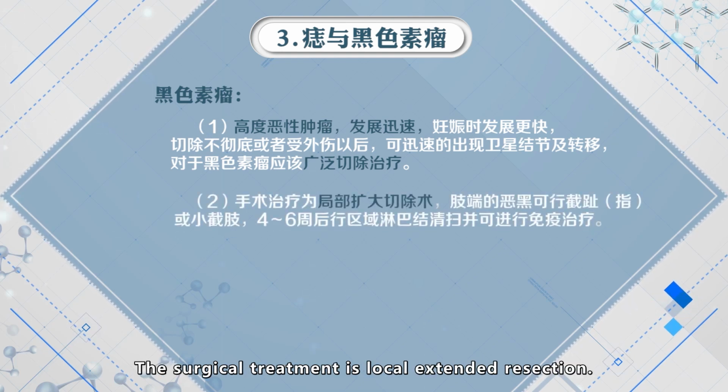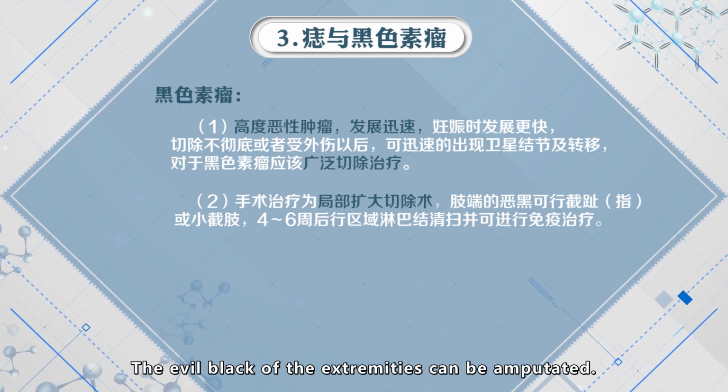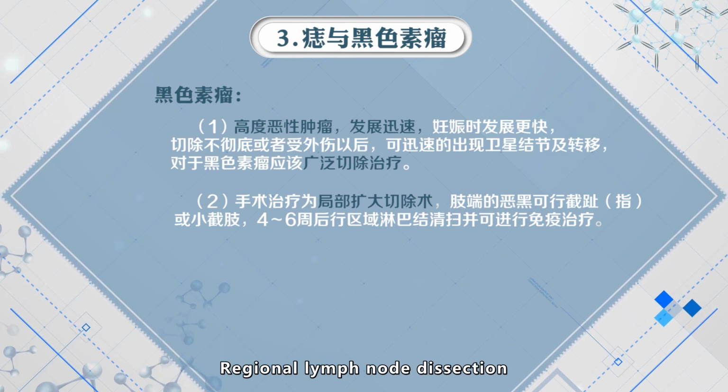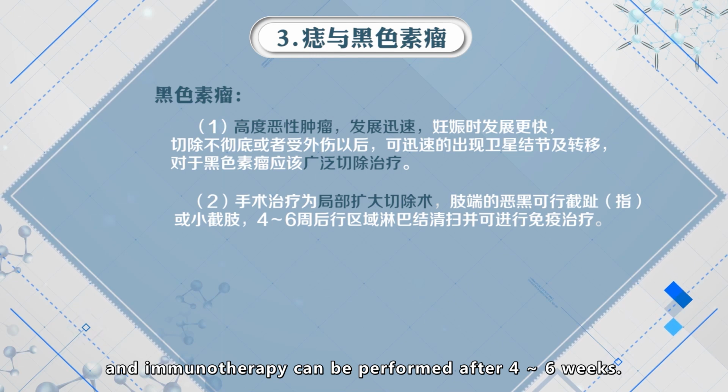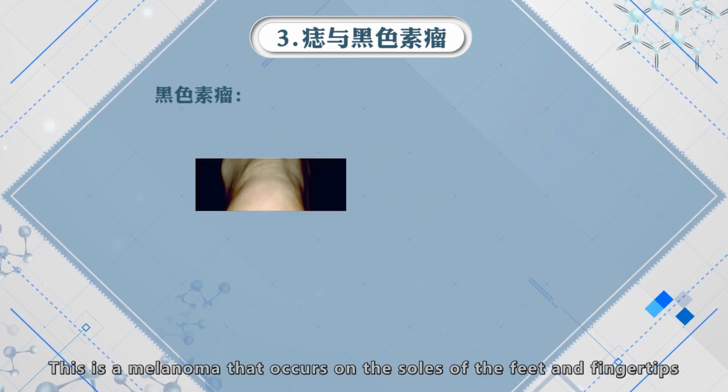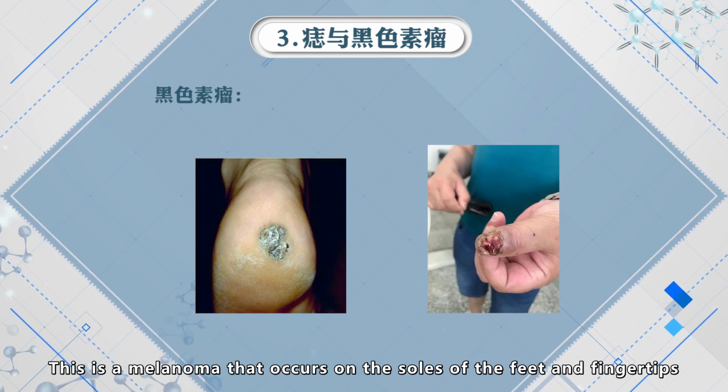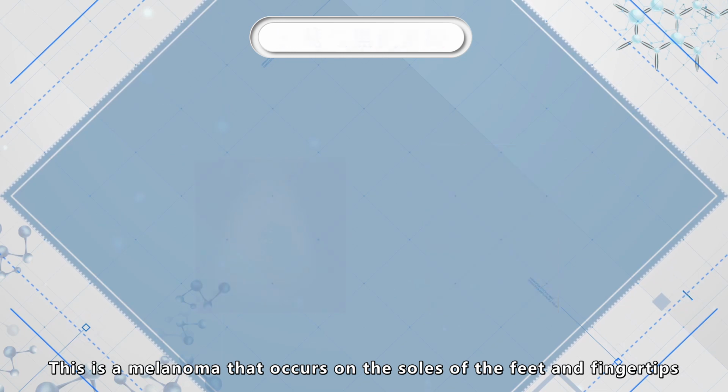The surgical treatment is local extended resection. Malignant melanoma of the extremities can be treated by amputation. Regional lymph node dissection and immunotherapy can be performed after 4 to 6 weeks. This is a melanoma that occurs on the soles of the feet and the fingerprint tips.